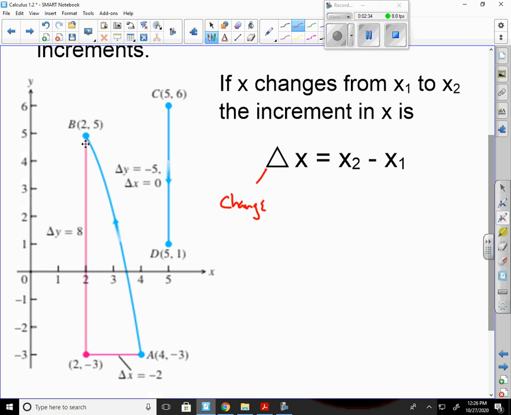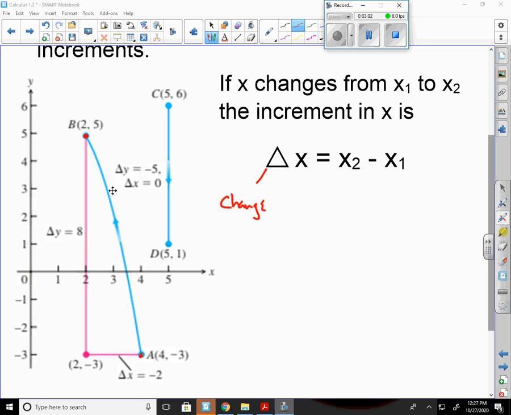If I'm following this coordinate, if I'm looking at this coordinate 2, 5, and say something starts at 4, negative 3. So let's say it starts here and shoots up and to the left and ends at the point 2, 5. If something followed this path, then it went back 2 on the x.